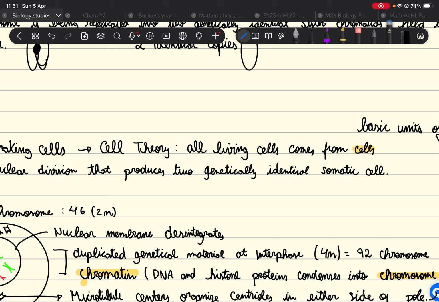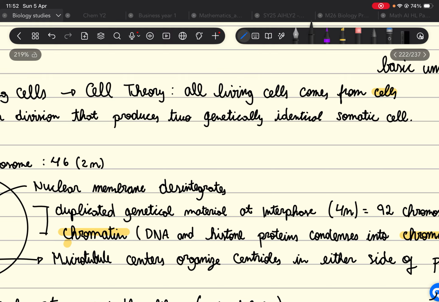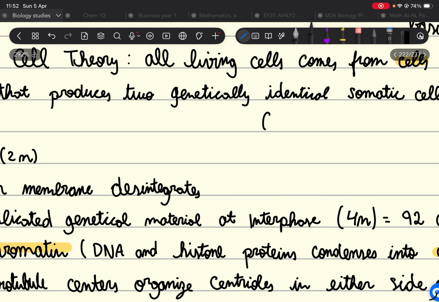Well, there are two main ideas. First, we need to make cells and cells and cells for us to grow. Growth is so important that I'm not the same size as I was when I was 10, now that I'm 17.